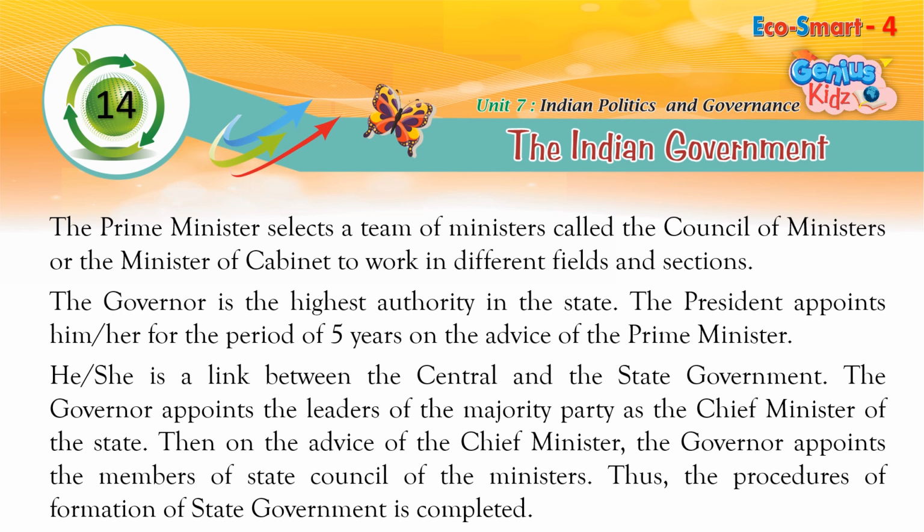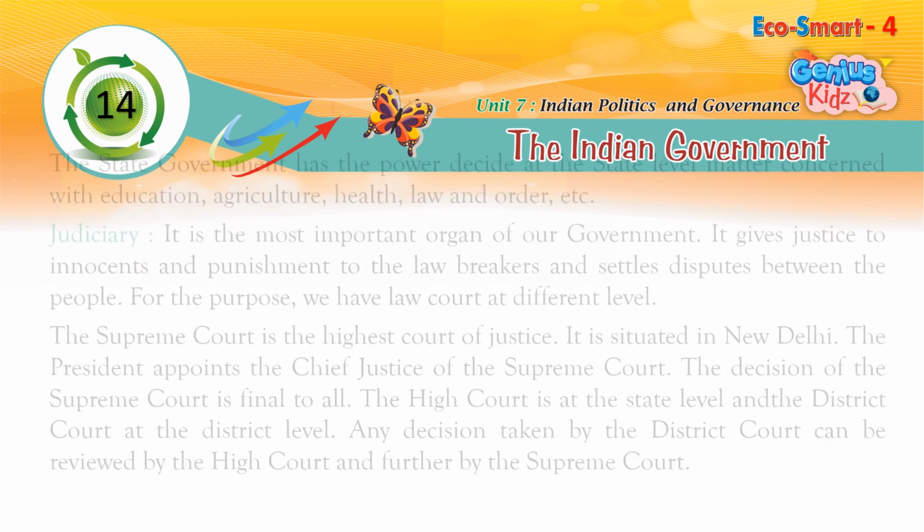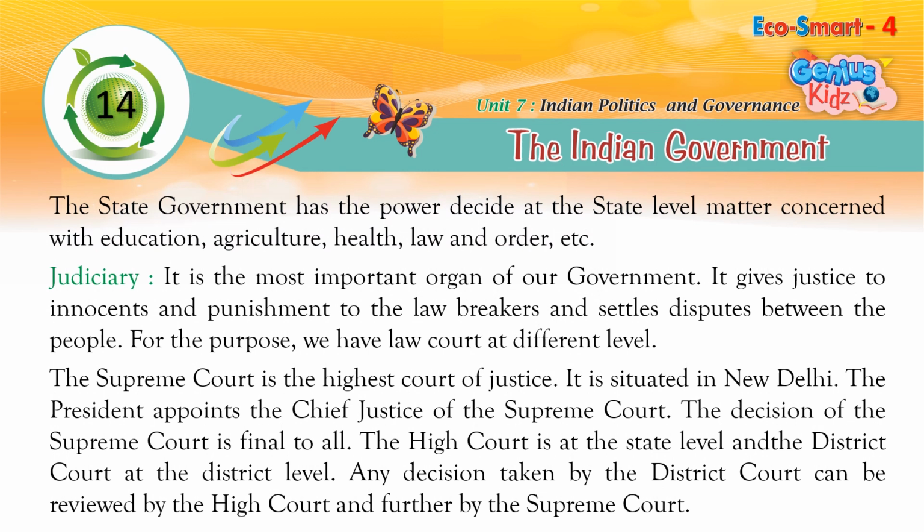Then, on the advice of the chief minister, the governor appoints the members of the State Council of Ministers. Thus, the procedure of formation of state government is completed. The state government has the power to decide at the state level matters concerned with education, agriculture, health, law and order, etc.